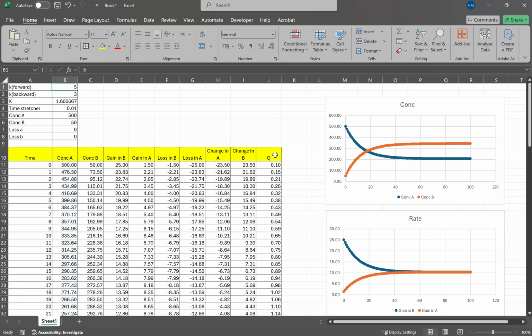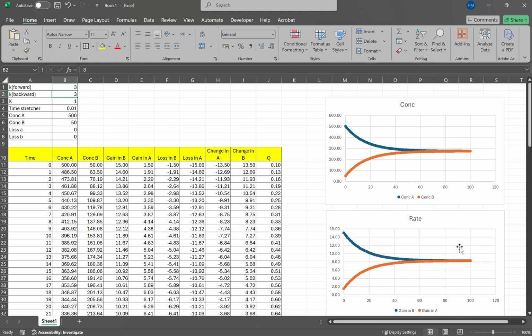Now, the concentrations do meet in very, very strange scenarios, and you can prove that here, where the rate constant of the forward reaction is exactly the same as the backward reaction. Therefore, our equilibrium constant is 1. And then if it is just a straight A becomes B and B becomes A, then they will meet.